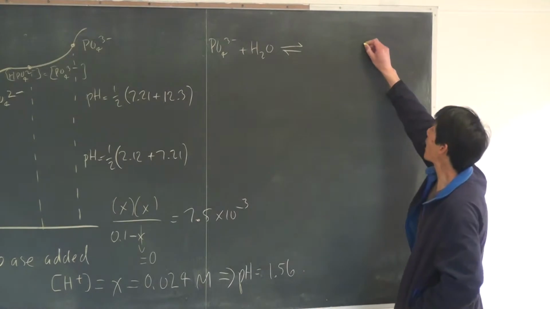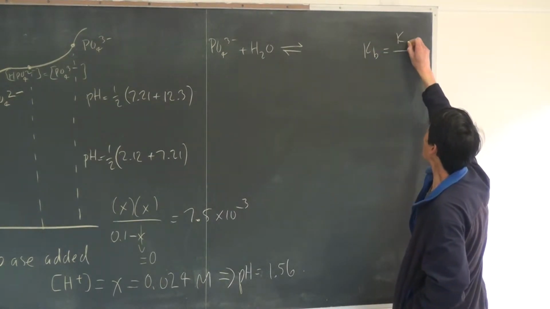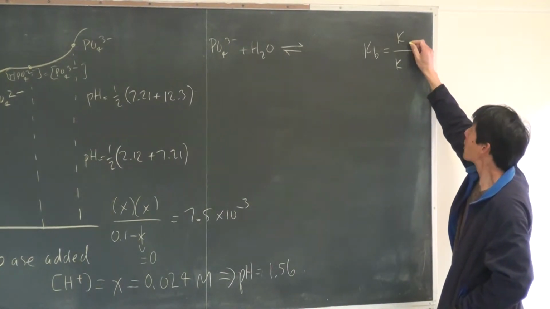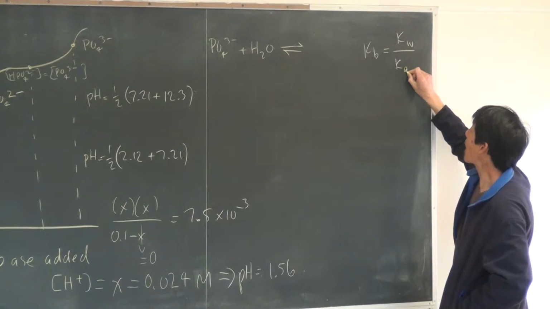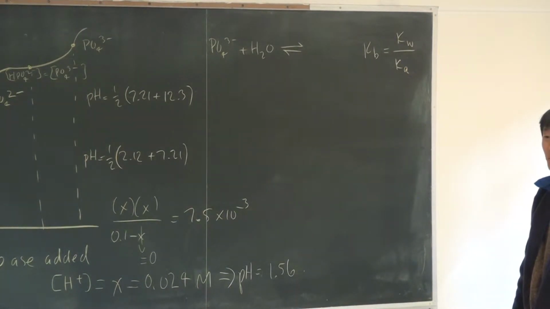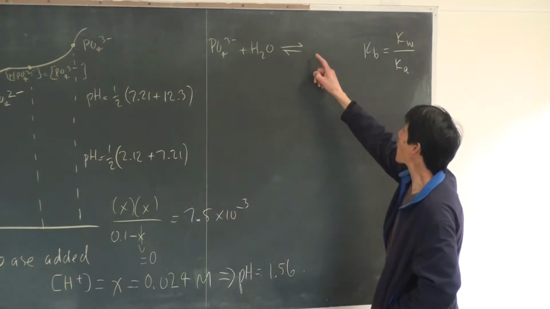and then you want to calculate Kb. So remember that Kb is equal to Kw divided by Ka. Okay, so what are the products of this reaction?